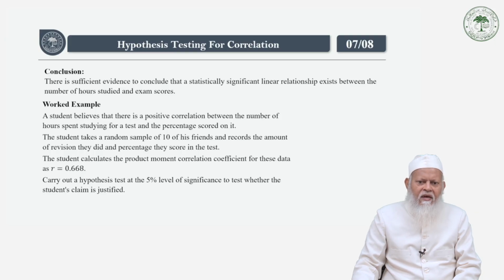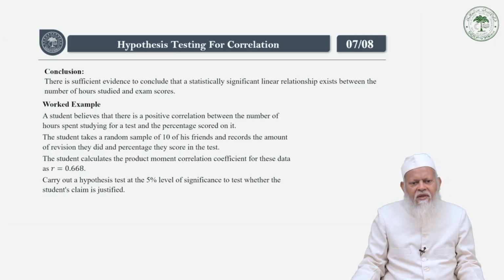The conclusion from the previous experiment was that there is sufficient evidence to conclude that a statistically significant linear relationship exists between the number of hours studied and the exam scores.